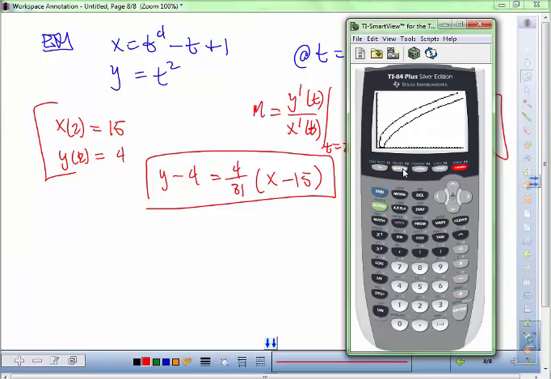Maybe I want to go, let me adjust my window again. Go all the way up to 20 for the x max, and then the y max. I put it down to 4. I think I want to go back up to 5.